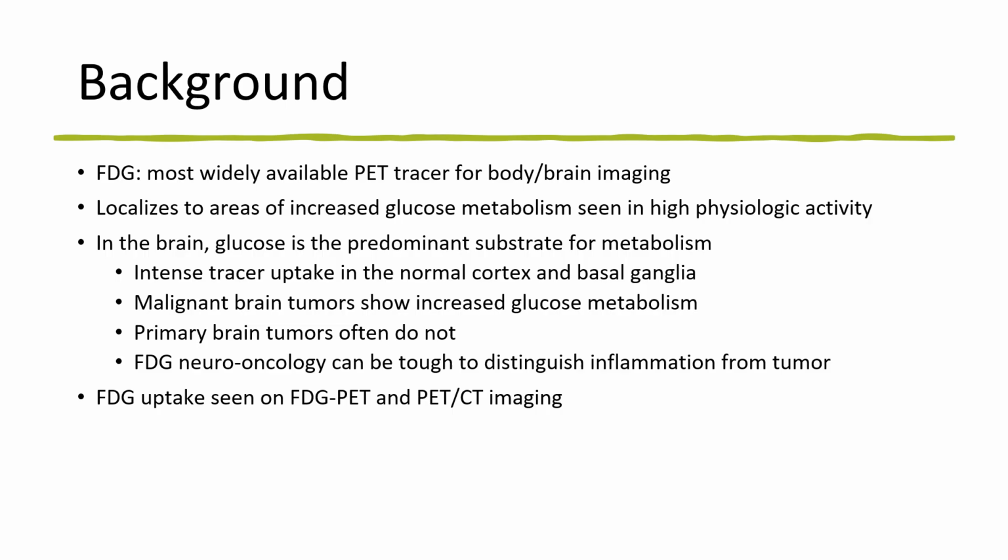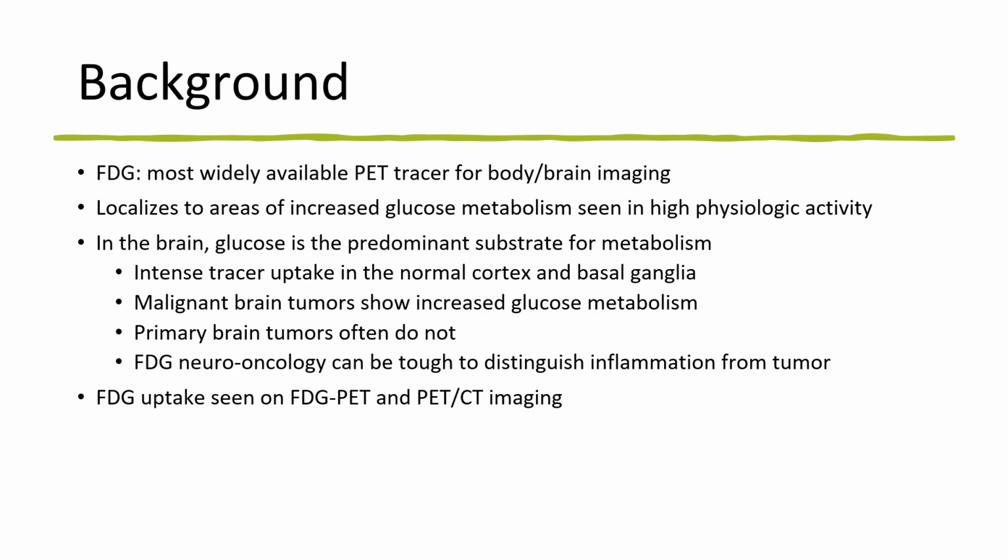FDG is the most widely available PET tracer for pretty much everything we do for PET. It's widely used for oncology, cardiac, infection, and neurologic imaging. For a really long time, it was the only FDA-approved radionuclide that could be used for brain imaging with PET.